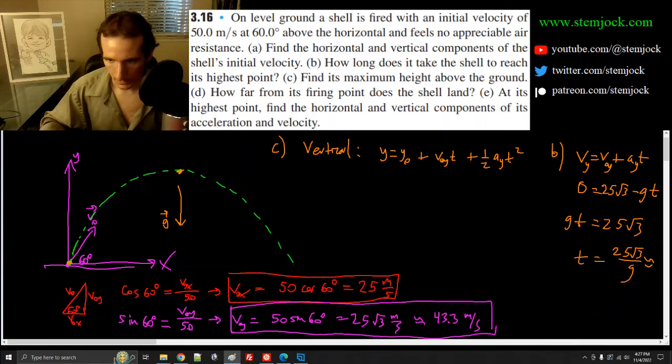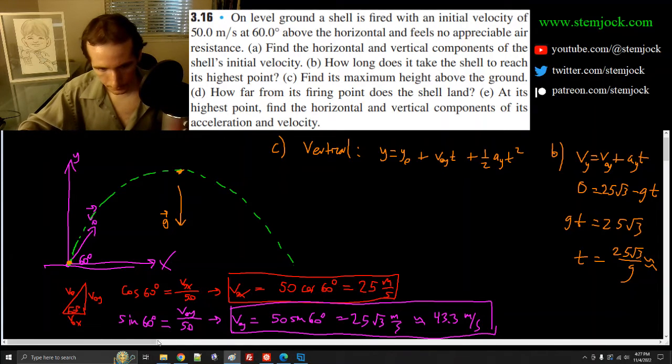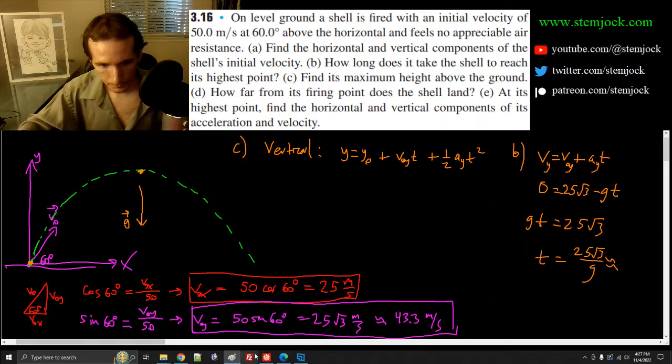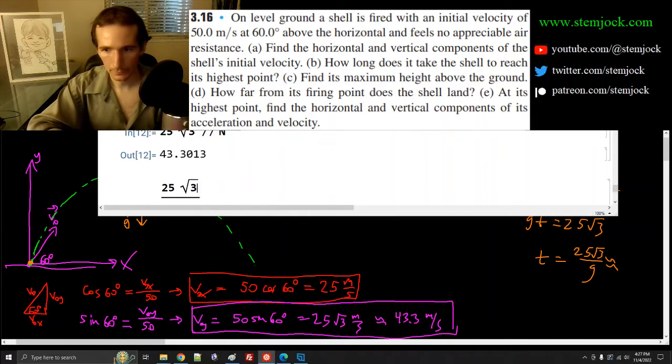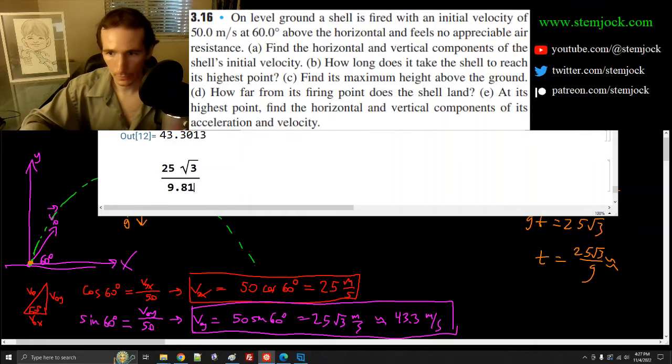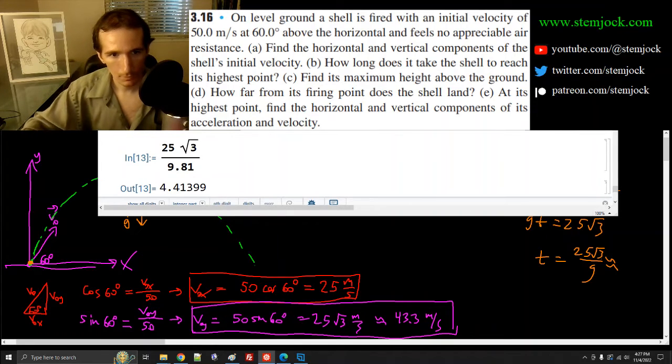So let's get out the calculator now. All right, 25 square root 3 over 9.81 is 4.41. That is in seconds because we are working in SI units.